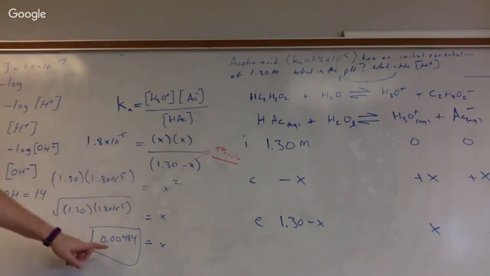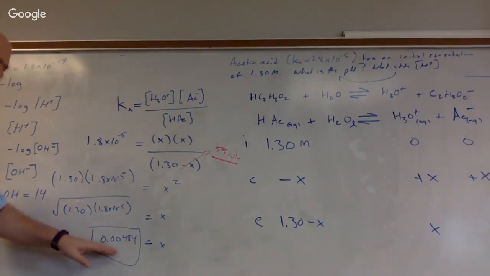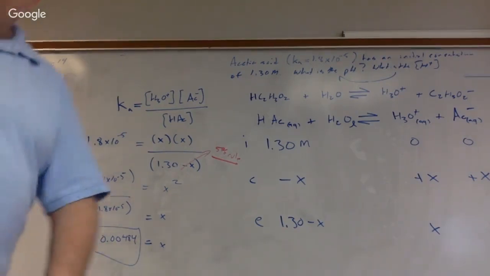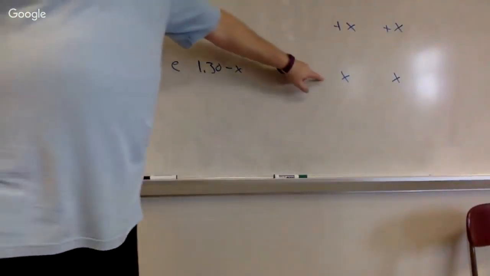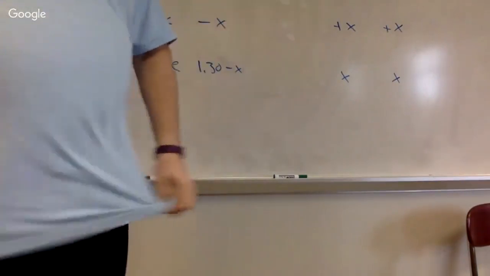By the way, could we have written this as 4.84 times 10 to the negative 3? Would that have worked as well? And sometimes our calculators will spit out the E key on there, and that works as well for us. So watch. What is x actually equal to at equilibrium? Let's backtrack to our original problem. Isn't x equal to my H plus concentration?